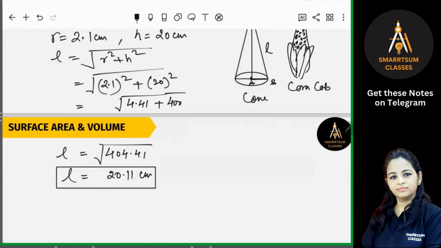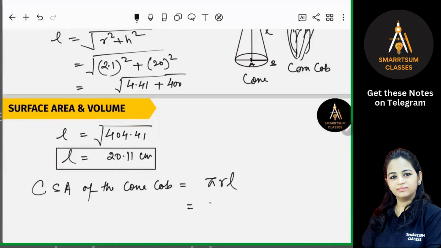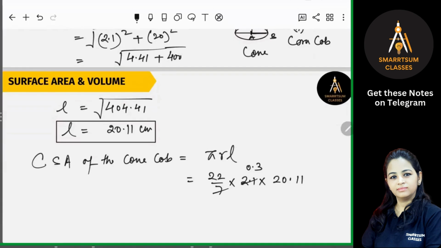Now, since we have got the slant height of the cone, we can easily find the curved surface area. So the curved surface area of the cone cob is equal to pi RL, right? Pi is 22/7. R is the radius, which is 2.1 centimeter, into L, which is 20.11 centimeter, right? So now you can find it. You can cut 2.1 with 7, so this is 0.3.